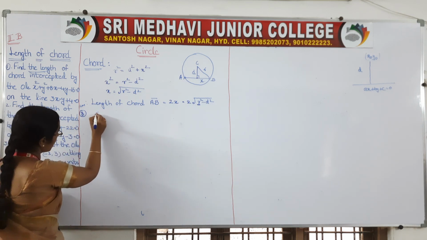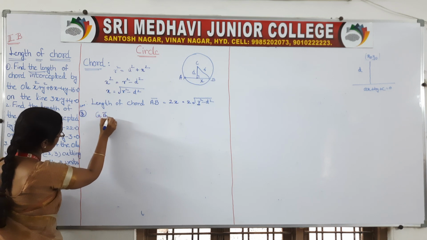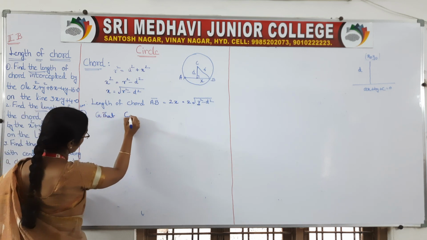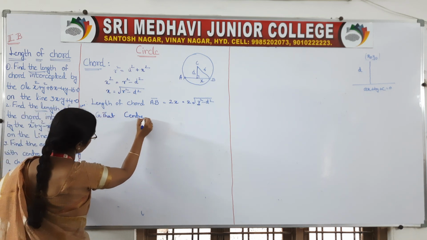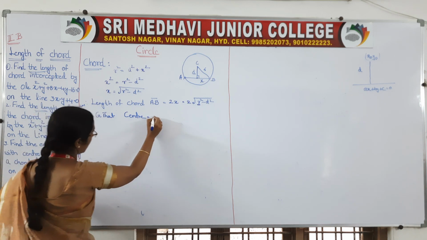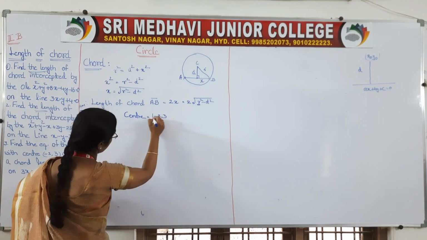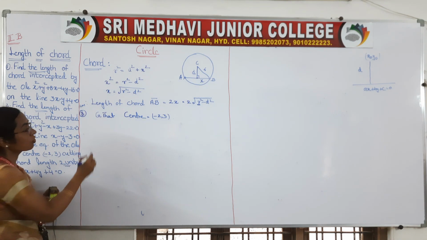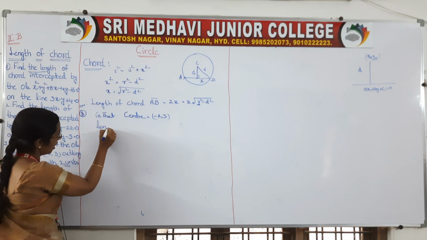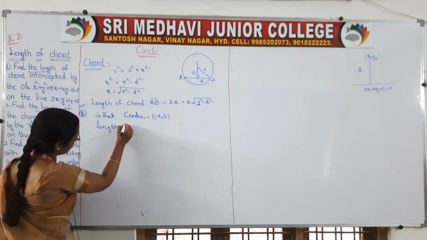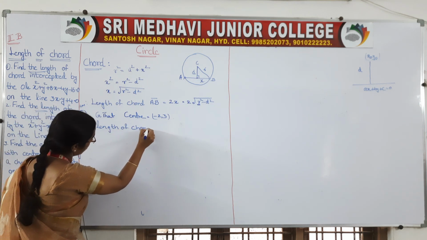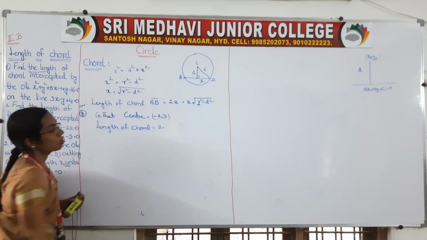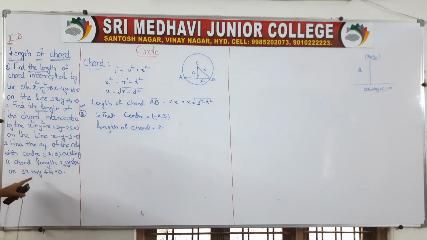The center is given to us: center is equal to (-2, 3). The length of the chord is given as 2 units, and the equation of the chord is also given.